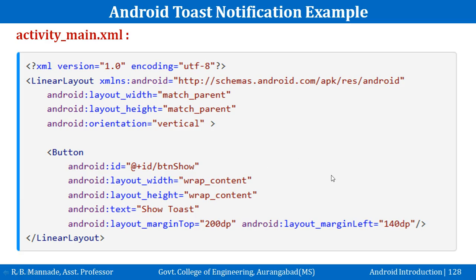After that the button will be shown there, right? And layout_margin left means it will leave 140 pixels from the left side of the screen. This is because we want to show that button in the middle of the screen horizontally. That's why its top margin is this one and its left margin is this one.